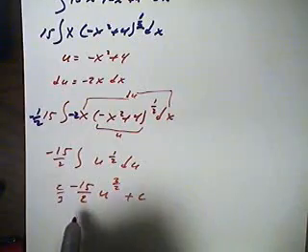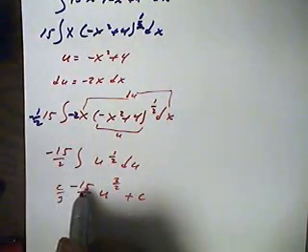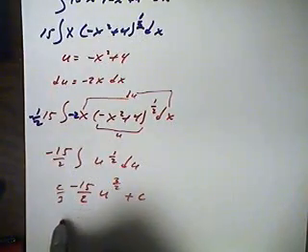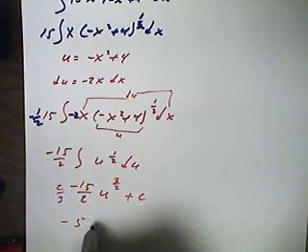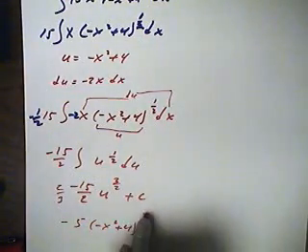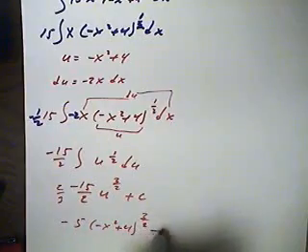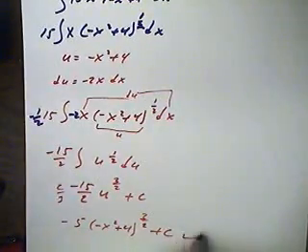So when we combine all this, the 2's cancel out, and the 3 goes into negative 15 negative 5 times, and the u becomes negative x squared plus 4, all to the 3/2 power, plus c. We can leave that there, so that'll be good enough.